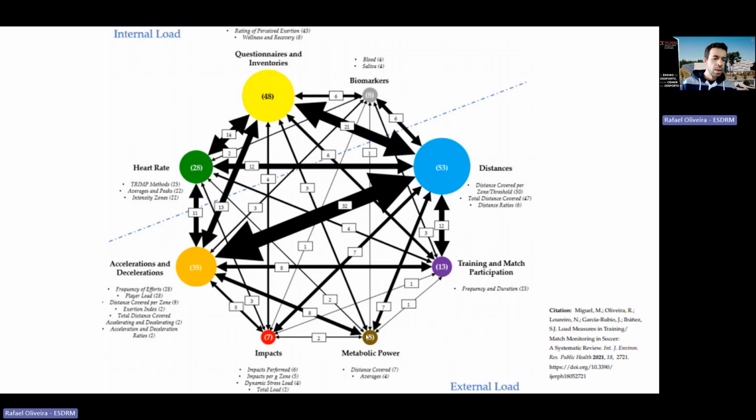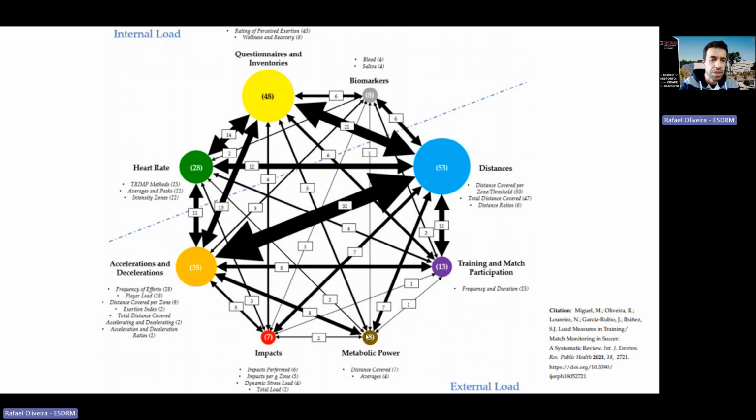This is not updated to the real year, 2025, but at the time, as you can see, different kinds of total distance or different kinds of zones or thresholds of running distance, and also the rating of perceived exertion, together with some wellness and recovery questionnaires, and also the accelerations and decelerations in different ways were the most used metrics in terms of internal and external load.